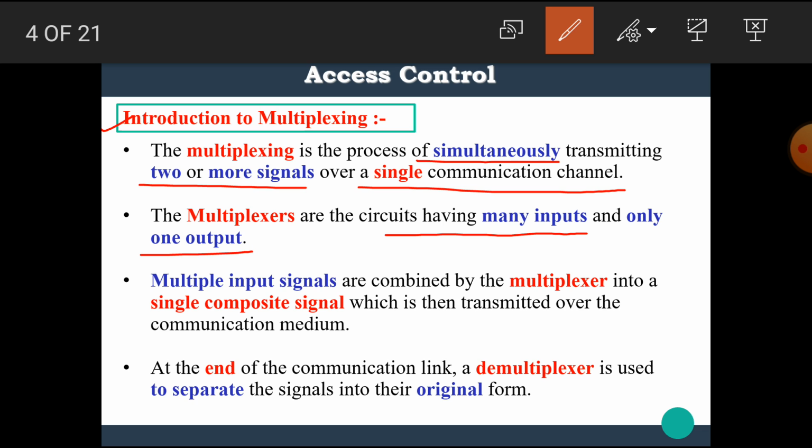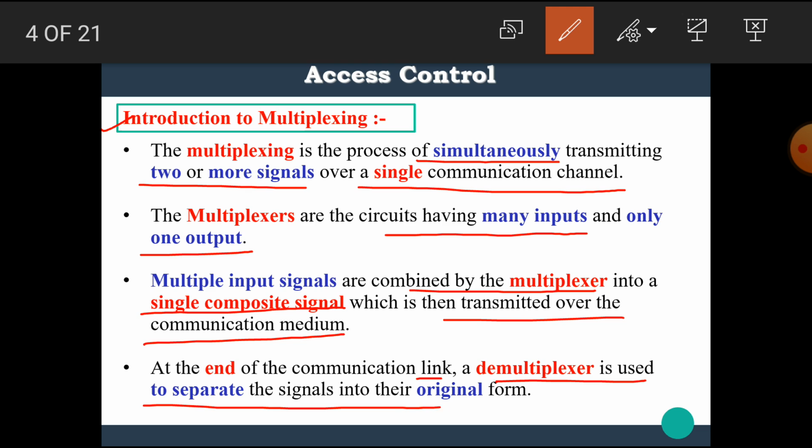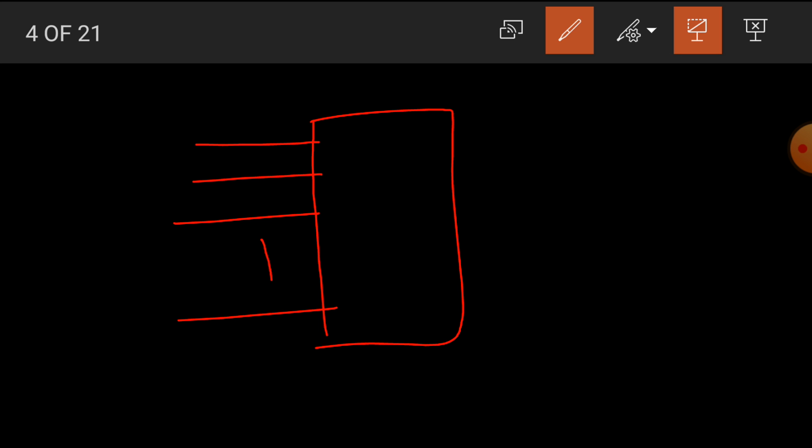Multiple input signals are combined by the multiplexer into a single composite signal, which is then transmitted over the communication medium. At the end of the communication link, a demultiplexer is used to separate the signals into their original form.